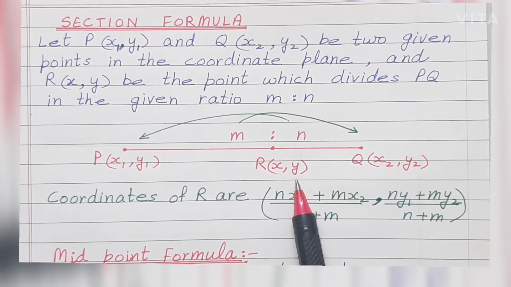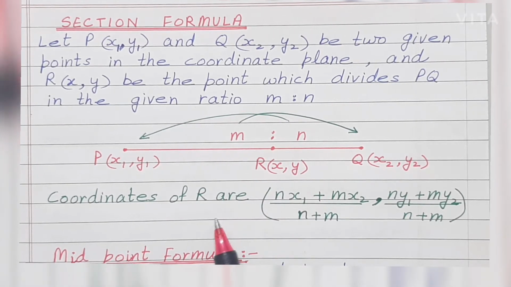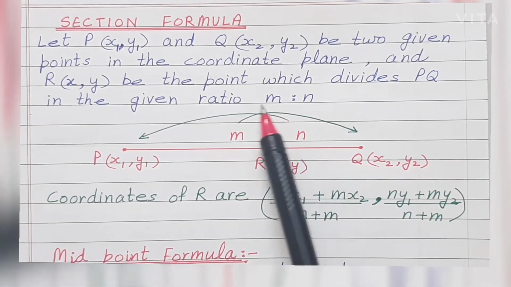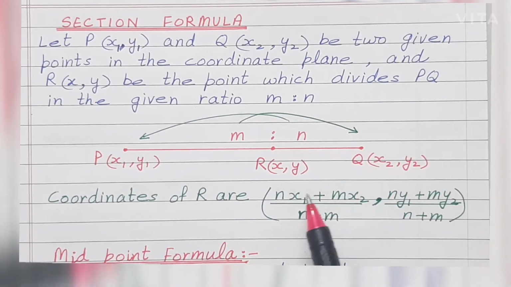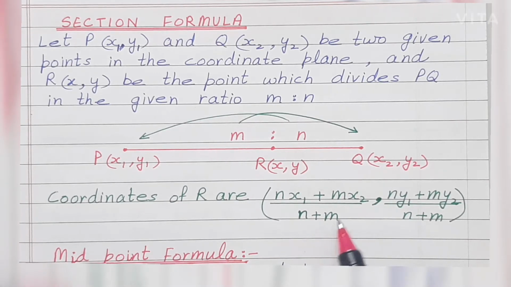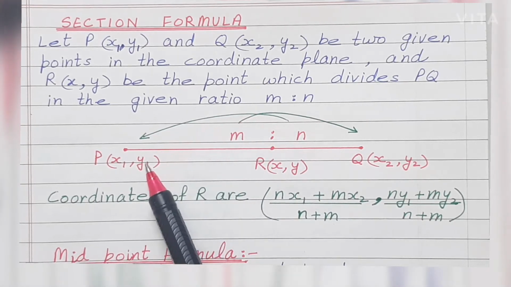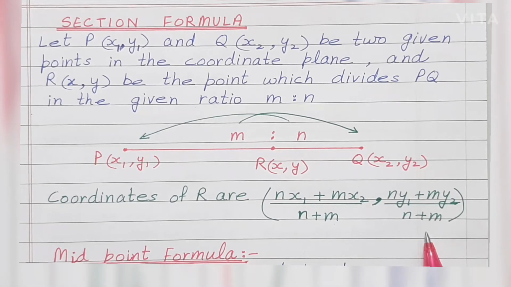So how to find the coordinates of R? x will be equal to (n into x1 plus m into x2) upon sum of ratio, that is n plus m. Similarly, for y coordinates, (n into y1 plus m into y2) upon sum of ratio. So this is called section formula.